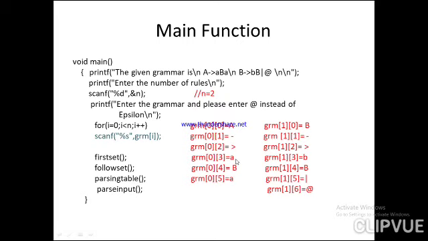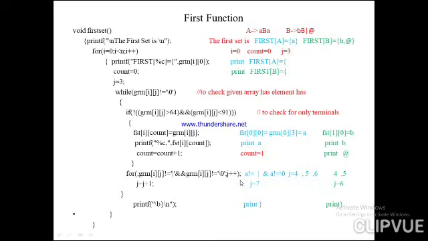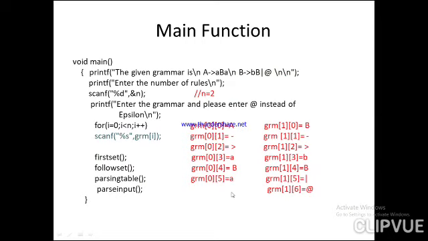Then A is stored in 0,3, B is stored in 0,4, and again A is stored in 0,5. Once I enter the next line, the for loop will go again and the i value will be incremented. Now grm of 1.